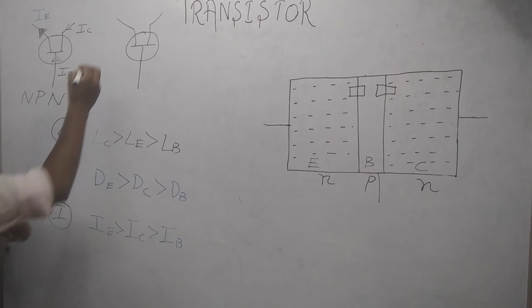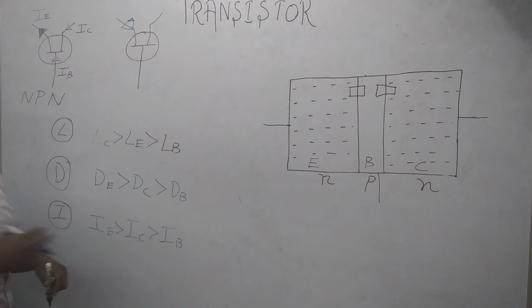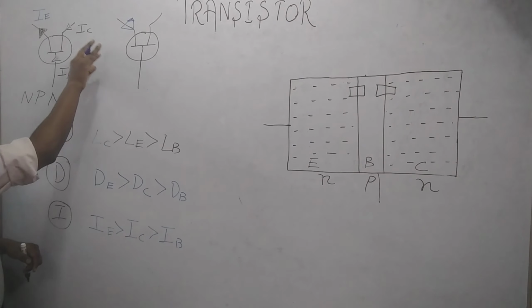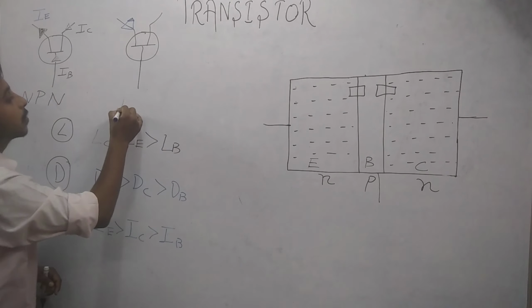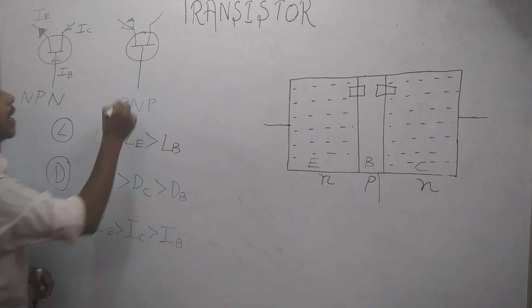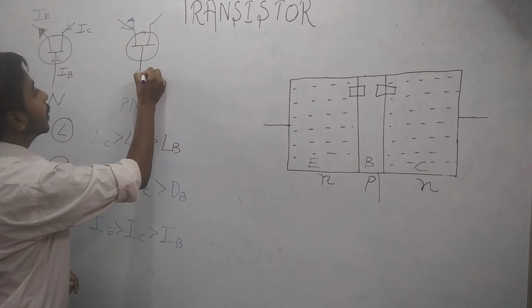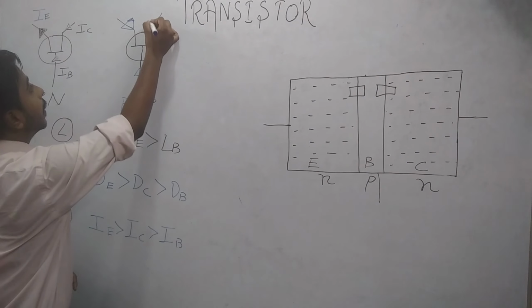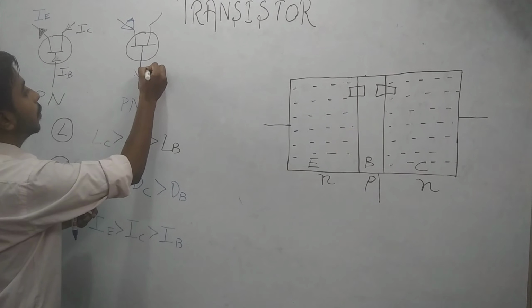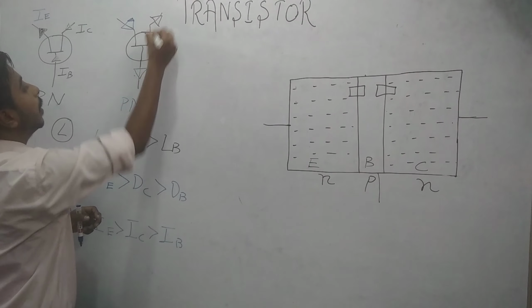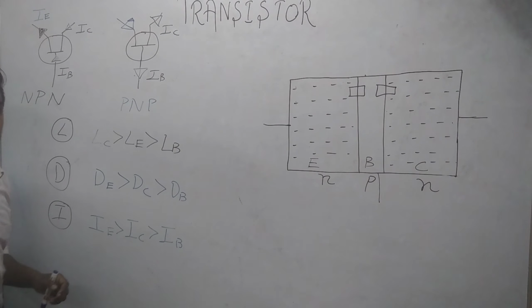Similarly, in a transistor, if current is going inward, in Hindi we can say current पी रहा है, which means the transistor is drinking the current, it is called PNP, and the direction of the other currents is opposite, so the current will be outward for IB and IC.